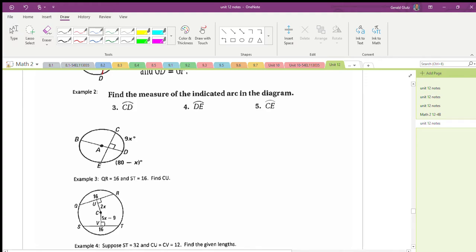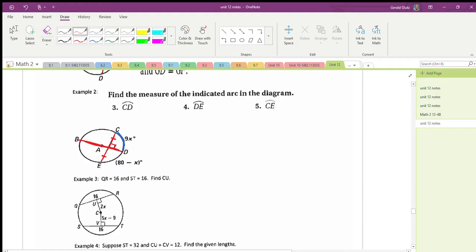So CD, I need to find the measure of CD, this blue arc right here. So it's 9x. We have this red diameter because it's going through the center of the circle, perpendicular to a chord, which tells us that this segment and this segment are congruent.